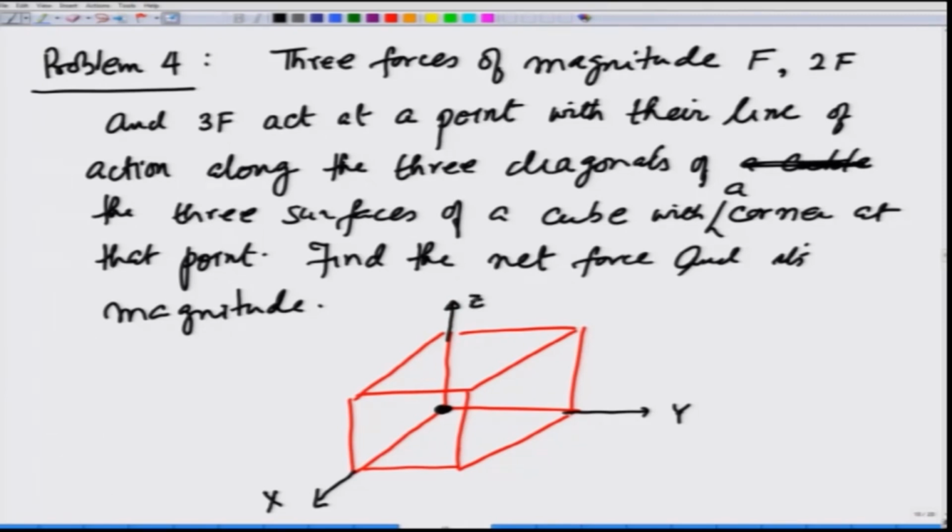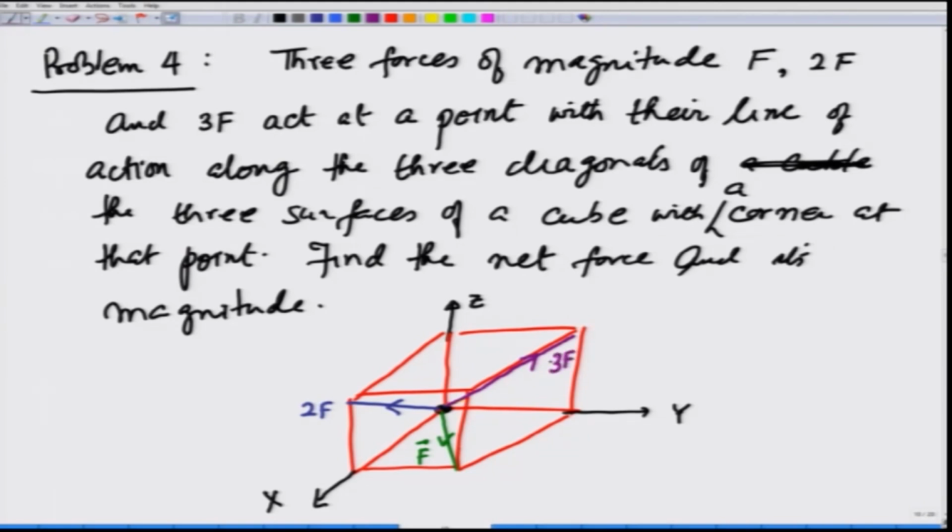The problem says that there are 3 forces acting at this, and one force acts along this diagonal, its magnitude is F. The other force acts along the other diagonal, let us say in the x z plane, and its magnitude is 2F, and the third force acts in this direction in the y z plane, and this magnitude is 3F.